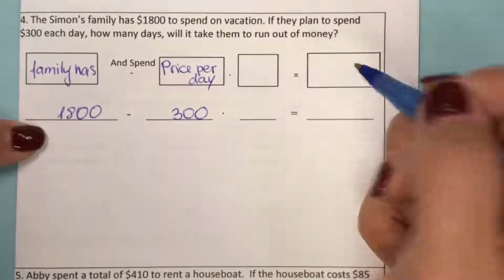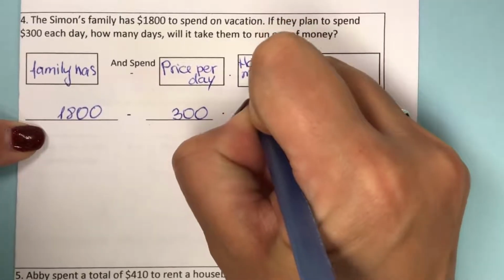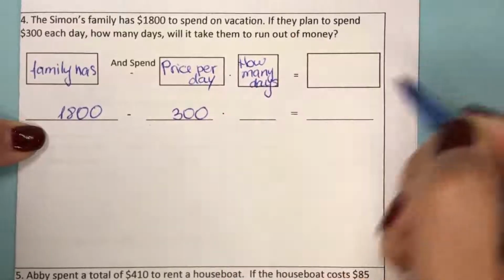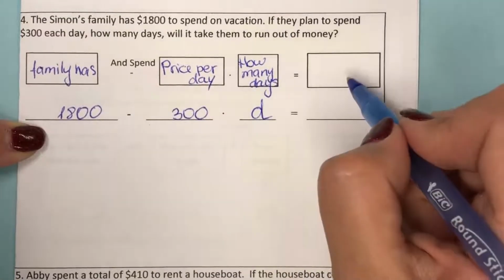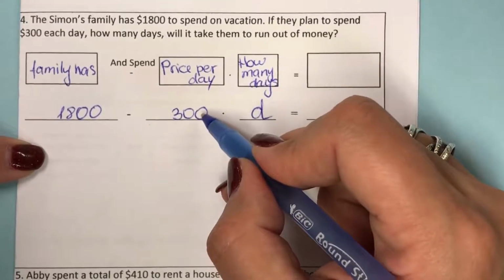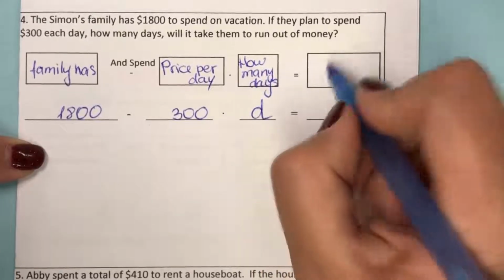The question is, how many days, we don't know. So we'll use a variable. And how many days can they spend $300 a day to run out of money until their budget expires?